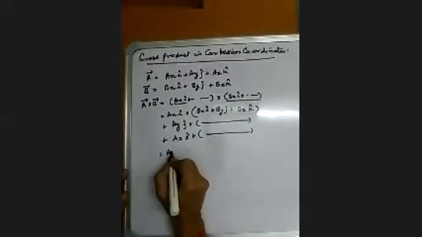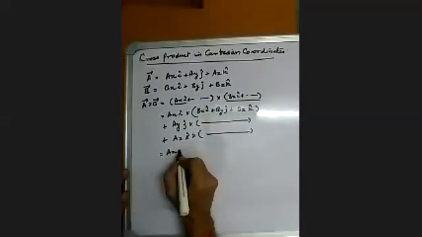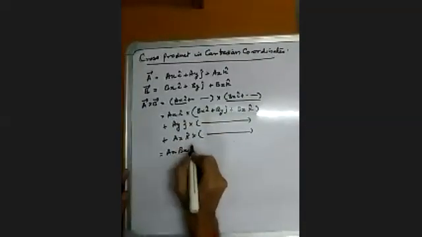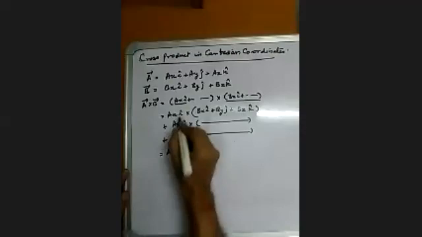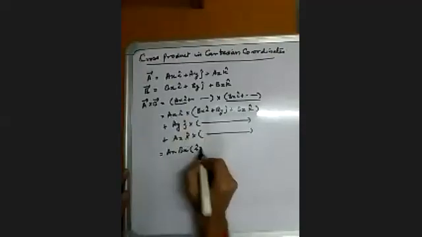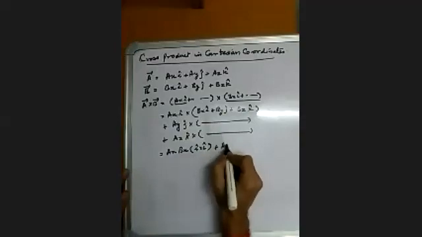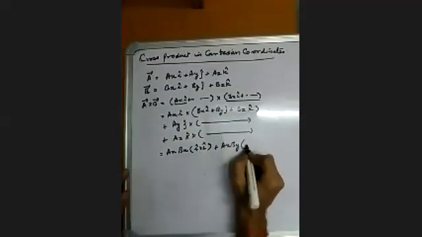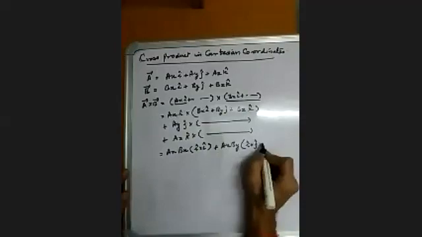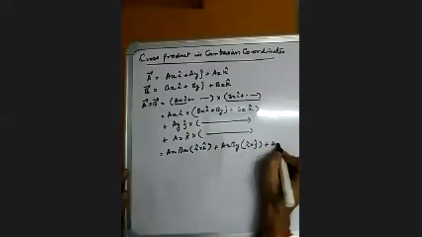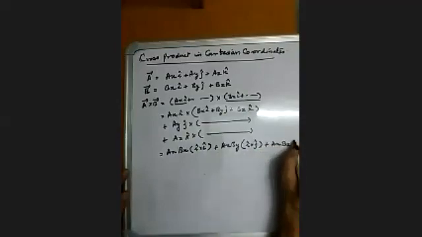So Ax Bx are magnitudes, and i cap cross i cap, plus Ax By i cap cross j cap, plus Ax Bz i cap cross k cap.